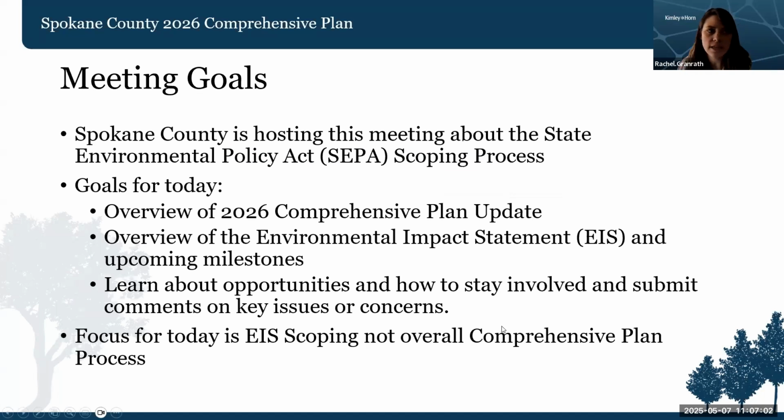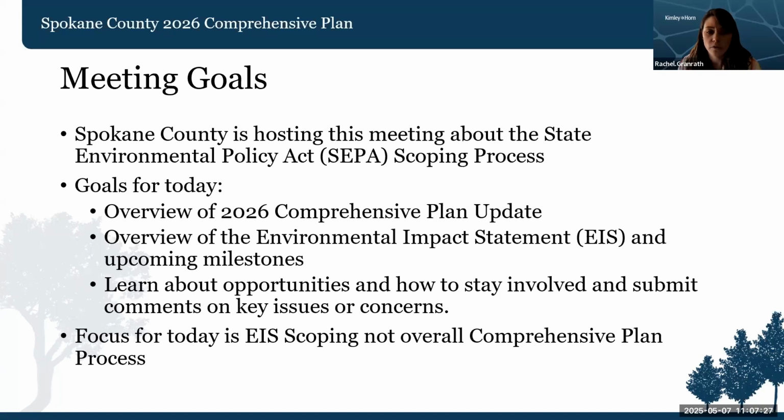Okay, so just setting the stage here on our meeting goals today. Spokane County is hosting this meeting specifically relating to the State Environmental Policy Act and Environmental Impact Statement scoping process. That's a subsequent action as it relates to our comprehensive plan updates. Matt is going to walk us through the update for the county's comprehensive plan, which is due in June 2026.